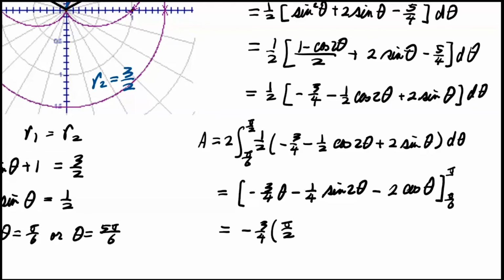This is how I think. You see, that's much wiser, right? And then minus 1/4 of sine, oh, that's 0, and pi over 6. So we have pi over 3. Sine pi over 3 is root 3 over 2, okay? Say yes.